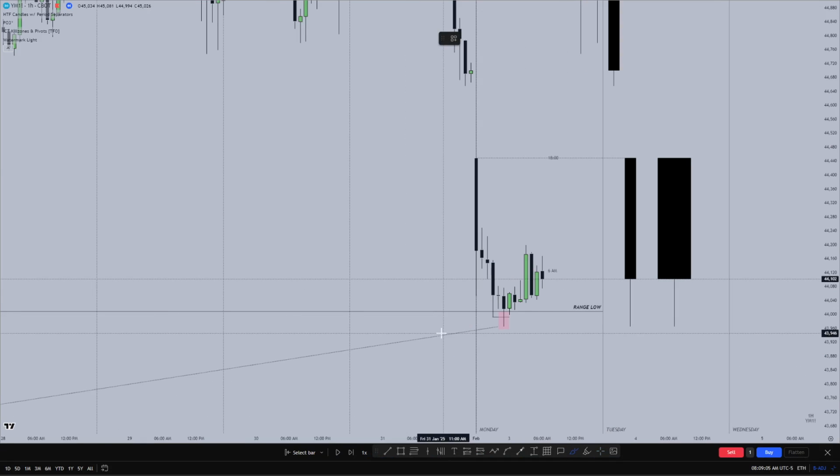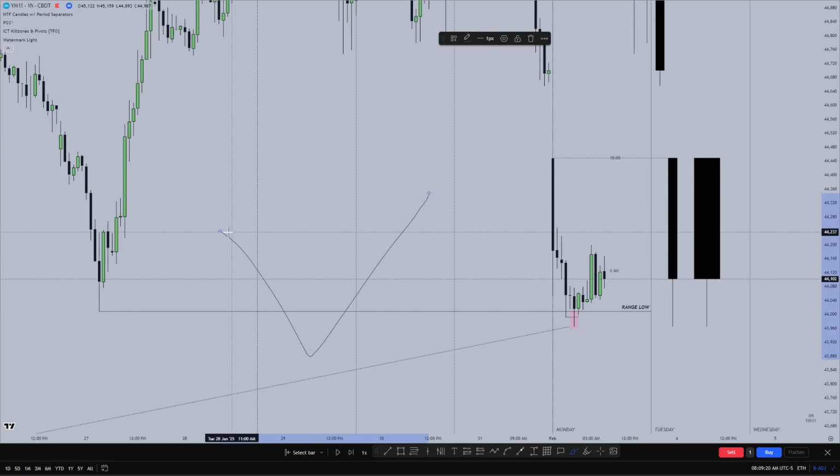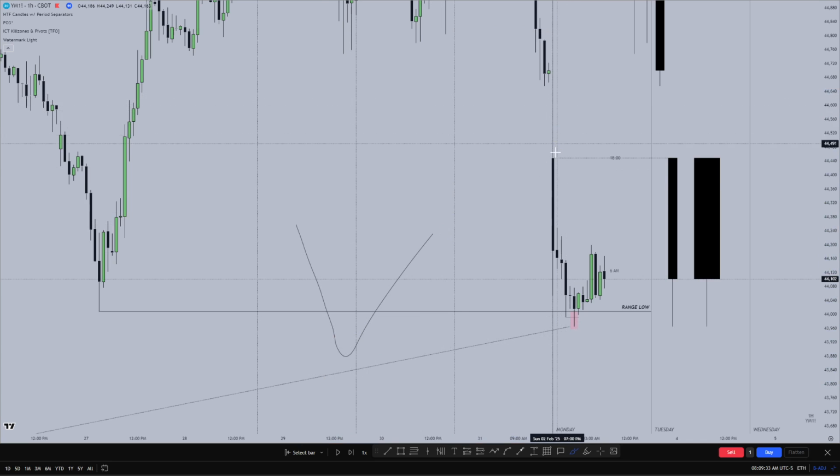Now for manipulation, what did I tell you guys? Take out one side, immediately move away. And for a reversal or manipulation, I want to see expansion met with an expansion, like expansion taking out the range low or range high, followed by an immediate expansion to the opposing side, so that I can tell myself this is a manipulation, this is a reversal to trade to the opposing side.